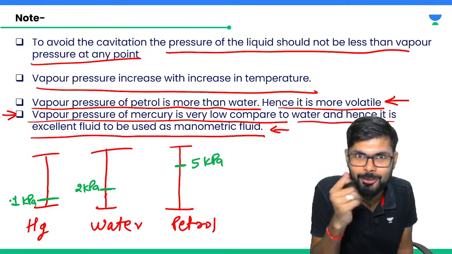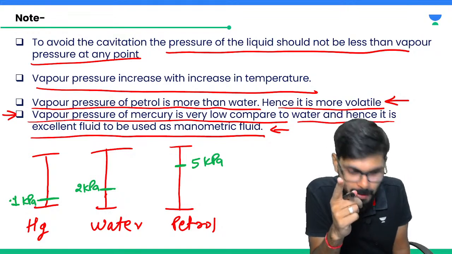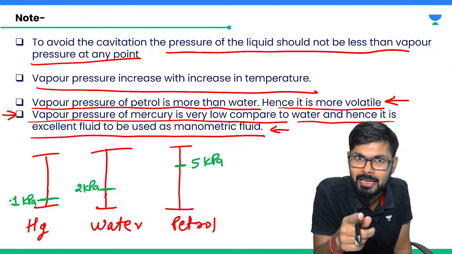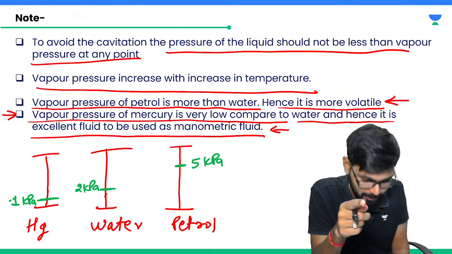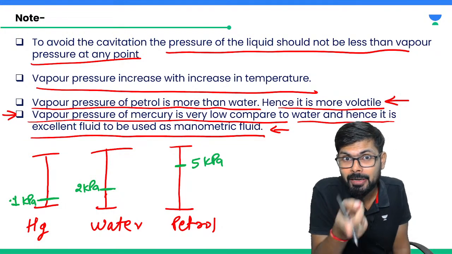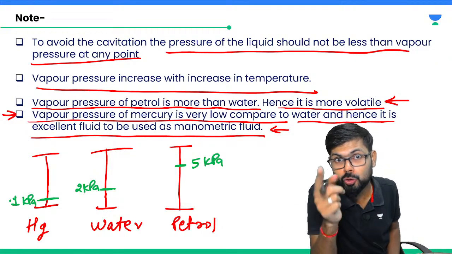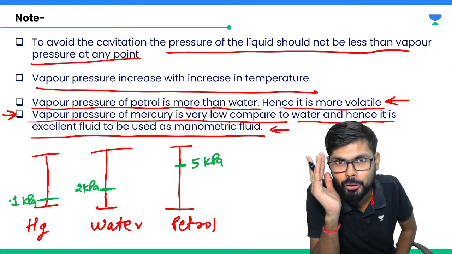If actual pressure is 3 kilopascal, then mercury will not evaporate, water will not evaporate, but petrol will evaporate. You are getting my point?